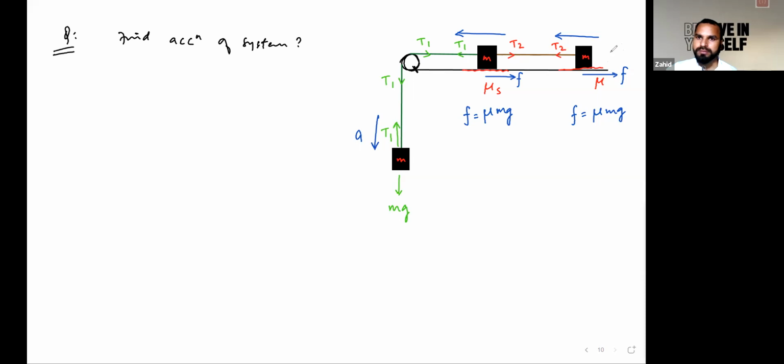Now you can solve this particular question in two different ways. One way is to define an equation for each part, and then sum up all to get the acceleration. I'm defining one more shortcut rule to find this type of relation. Let's say you have this particular block. Just make this whole system straight.